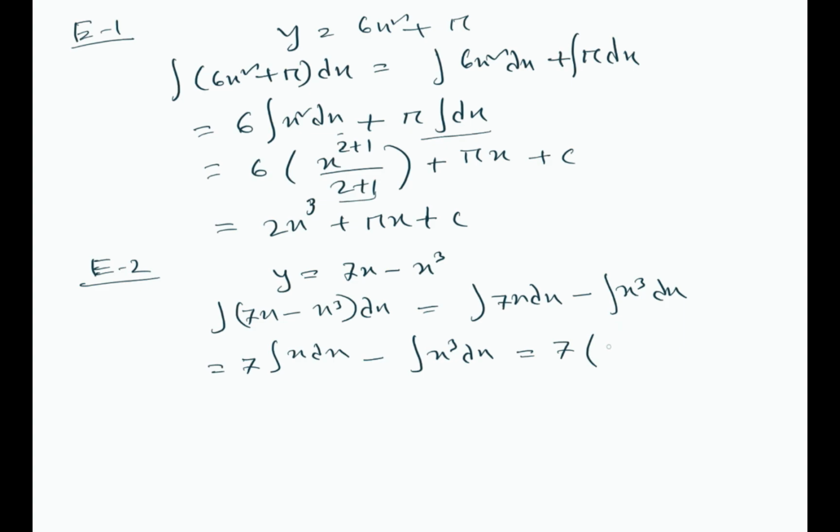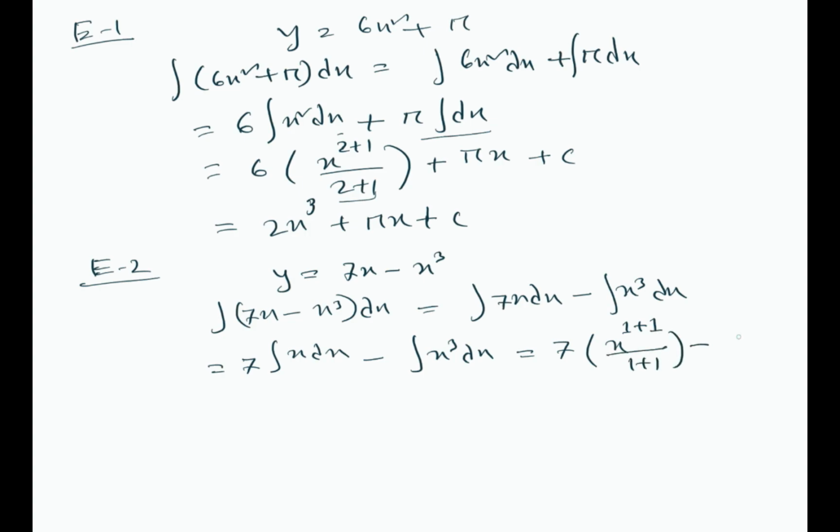So the integral of x is actually x to the power, we don't have any power here, so we can imagine we have 1. Actually we have a power which is 1, so we don't write it normally. So 1 plus, according to this power rule, we need to add 1, so divided by 1 plus 1.